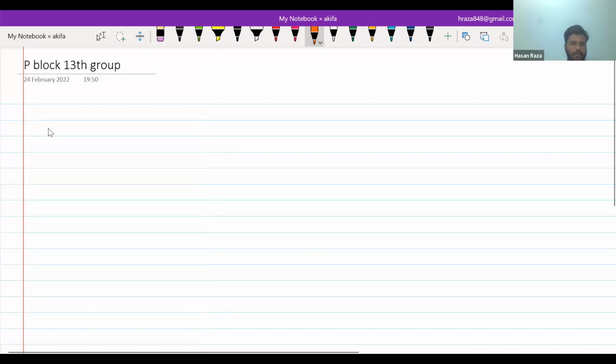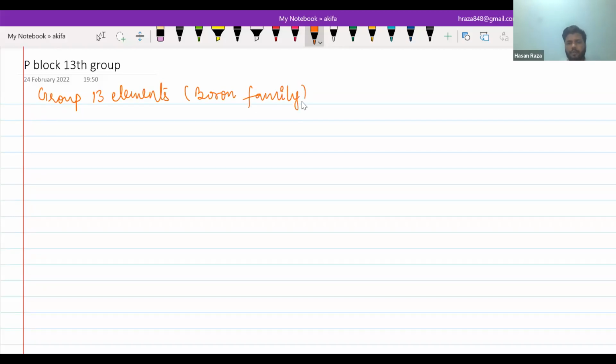So basically, we are going to study group 13 elements, the boron family. The boron family has 5 elements: boron, aluminum, gallium, indium, and thallium.